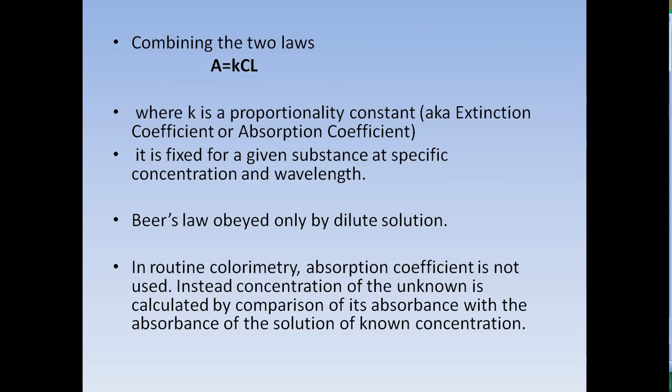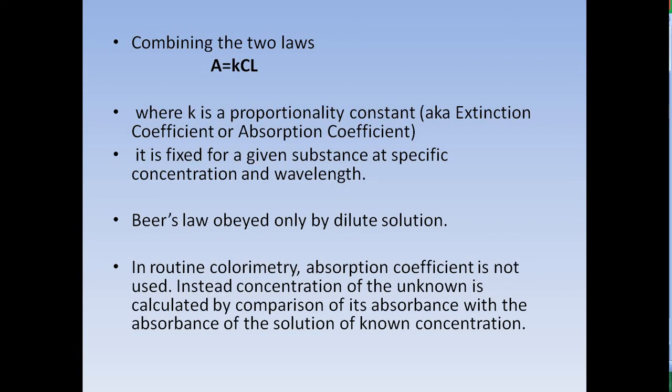It is also known as the extinction coefficient or absorption coefficient. It is fixed for a given substance at a specific concentration and wavelength. Beer's law can be obeyed only in dilute solutions. It cannot be applied in highly concentrated solutions, where the light cannot pass through.